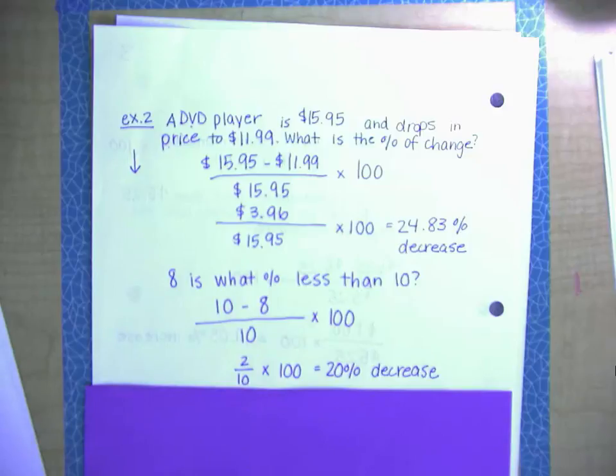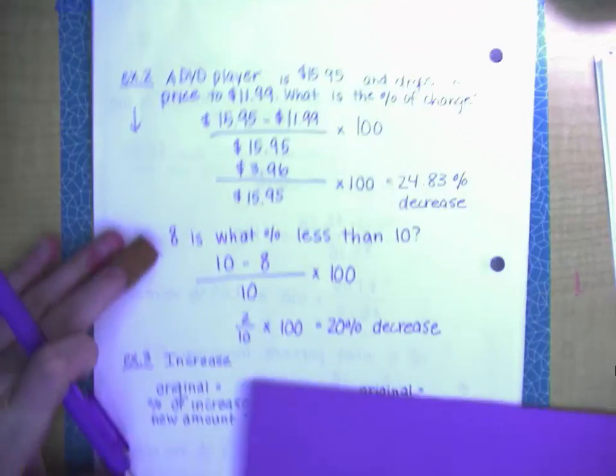Now, there's another application to this where we're going to be given the original amount, and then it's going to tell you by what percent it will increase or decrease, so you have to find the new amount. So let's look at one of those.